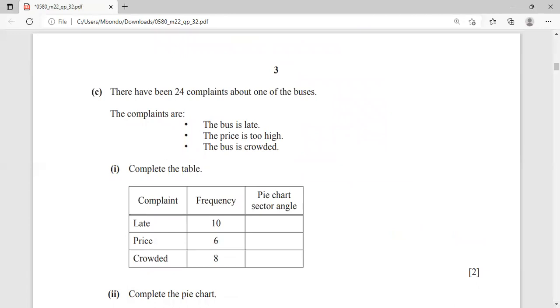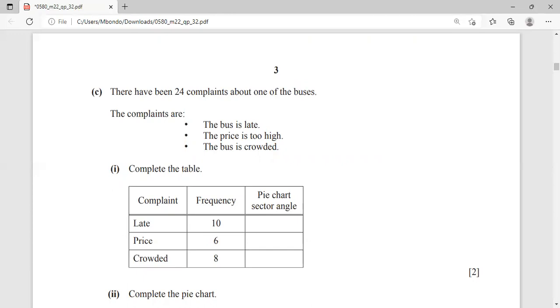So see, there have been 24 complaints about one of the buses.